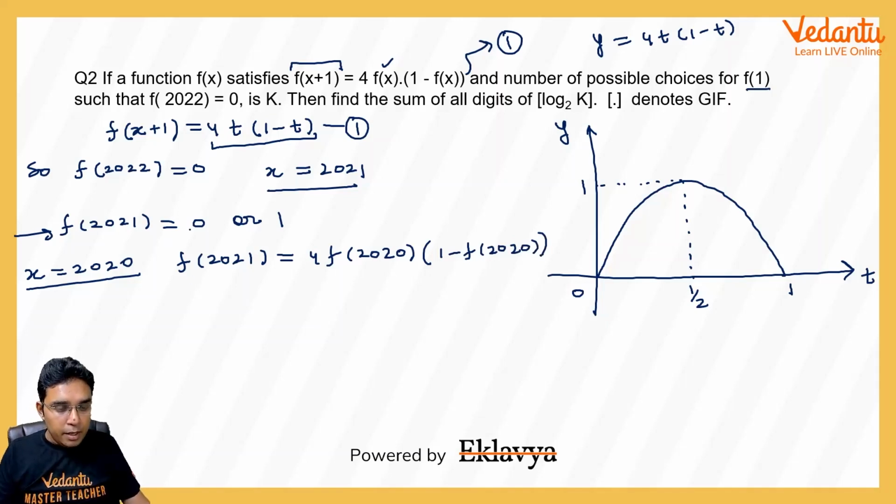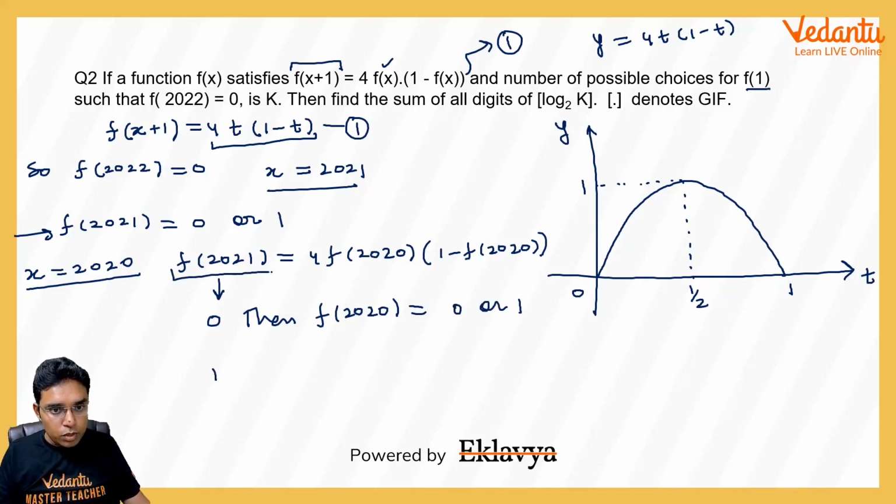Now here there are two cases. One is that this can be either 0 or this can be 1. Now if it is 0, then f of 2020 will once again be either 0 or 1.